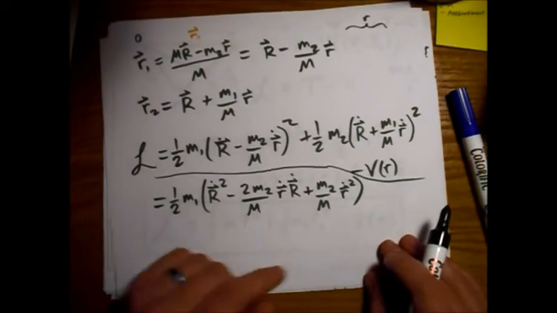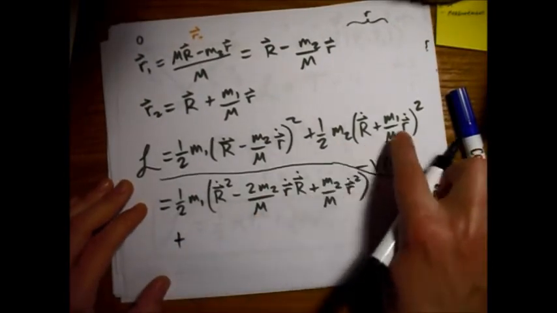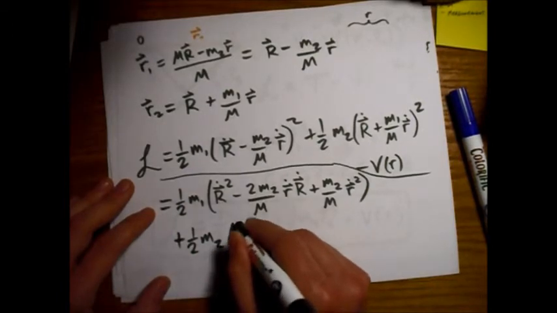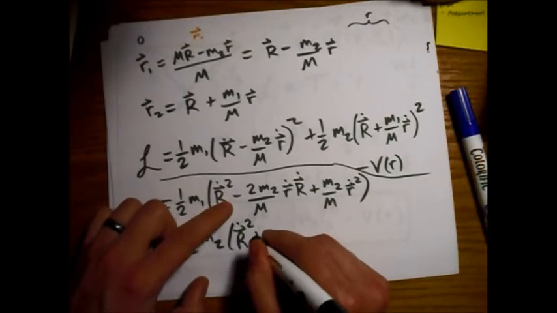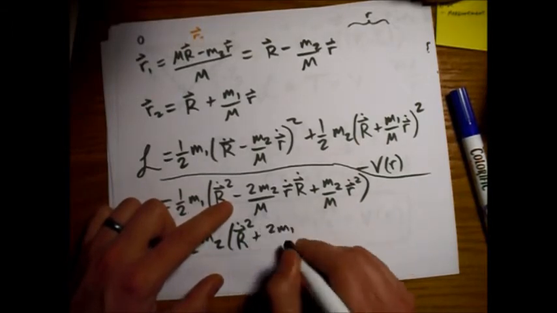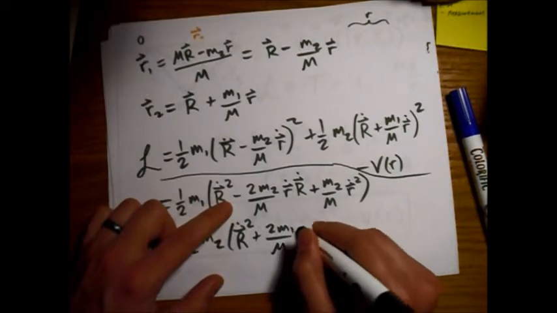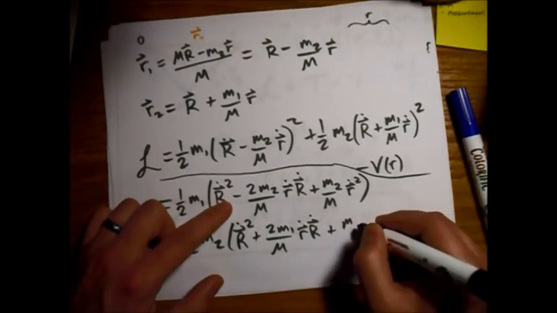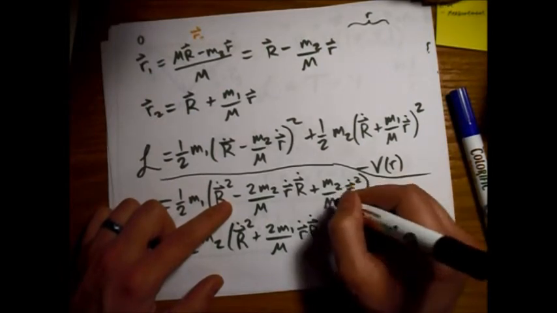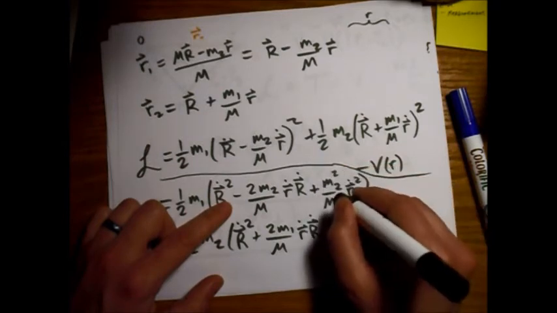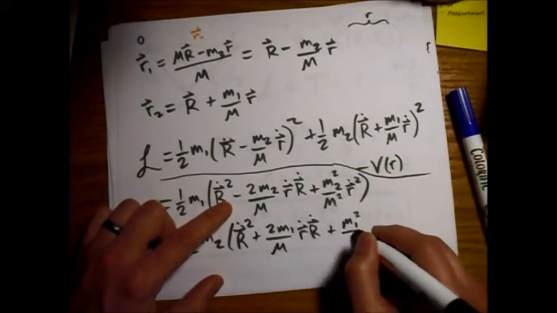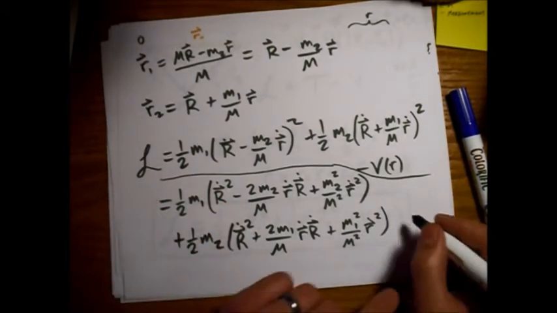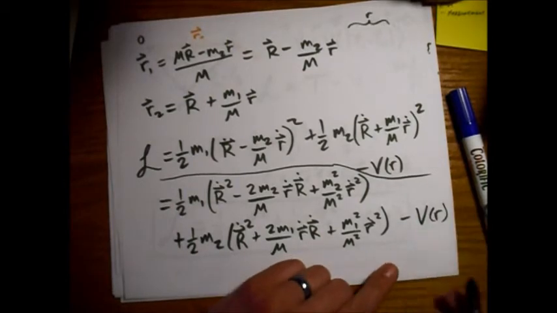So here's the first term, and now we're going to write out the second term. This time we have a plus, and then M1 over big M. Oh, you know what? I forgot to square those two parts. And as always, minus V function of r.